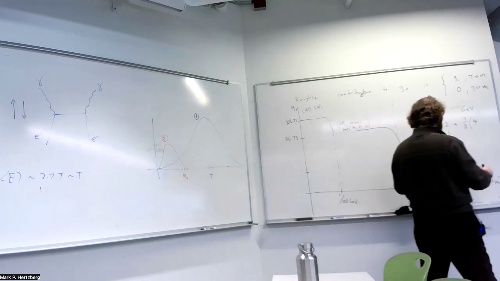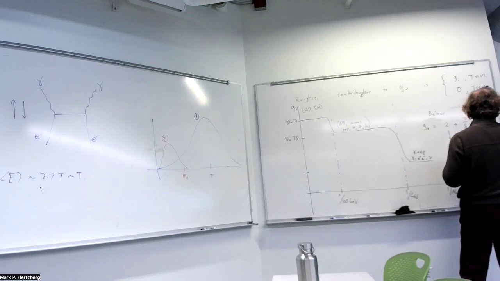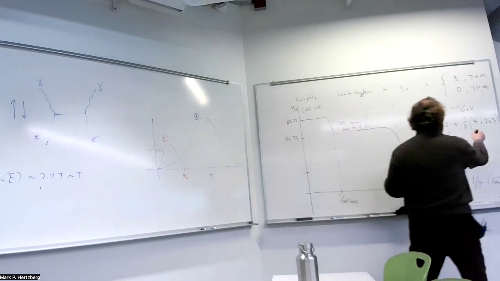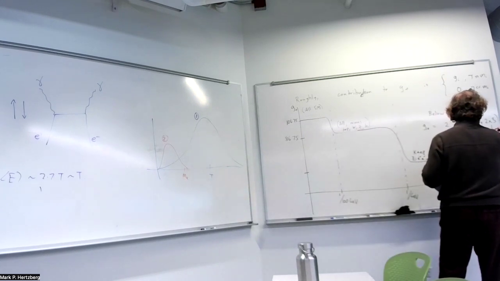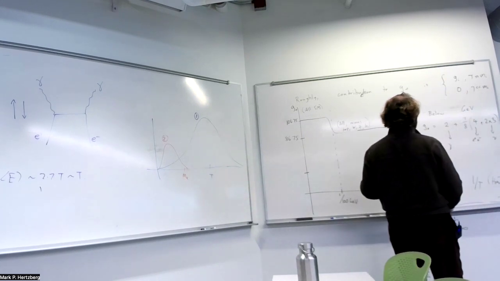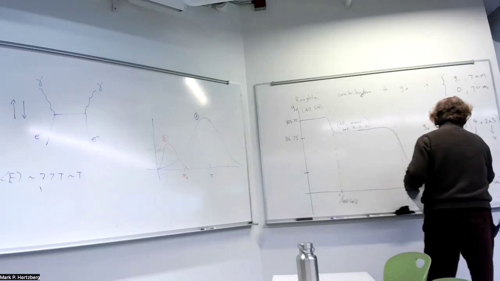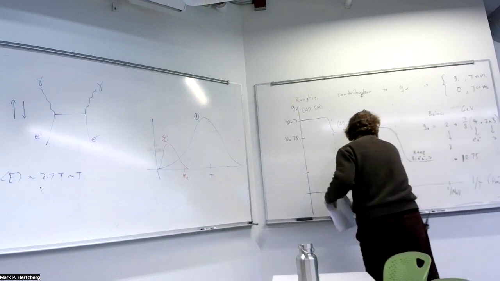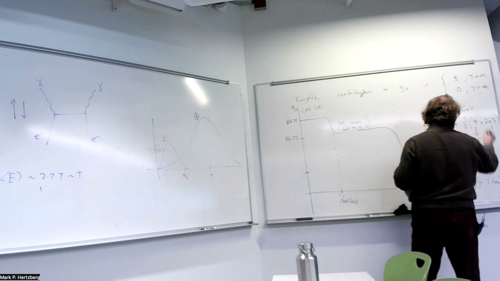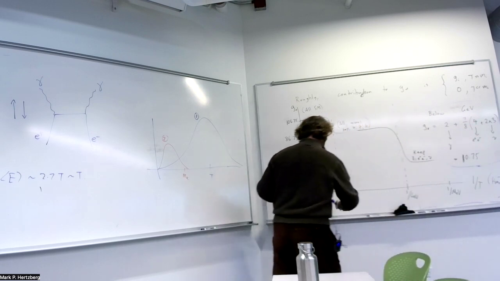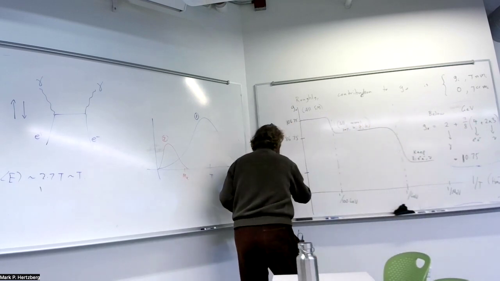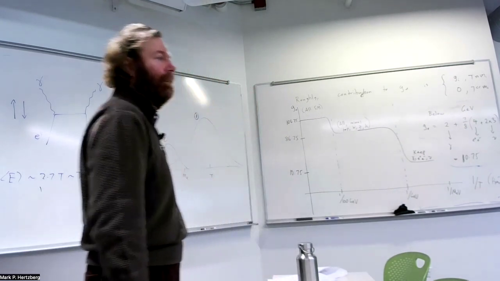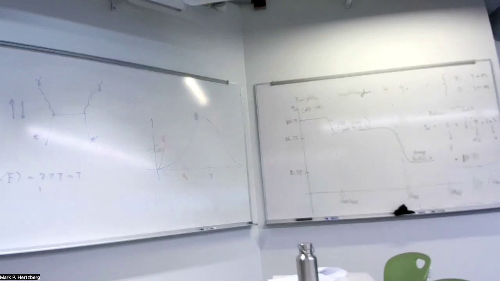And then the neutrinos, which we said is 2 times 3 for the 3 flavors of neutrinos. So this number is 10.75. Let's just remember that. So here I'm going to write 10.75. Any questions about this picture?